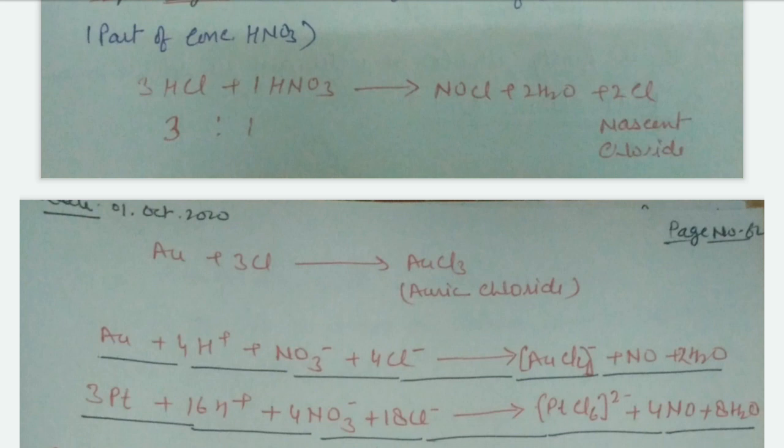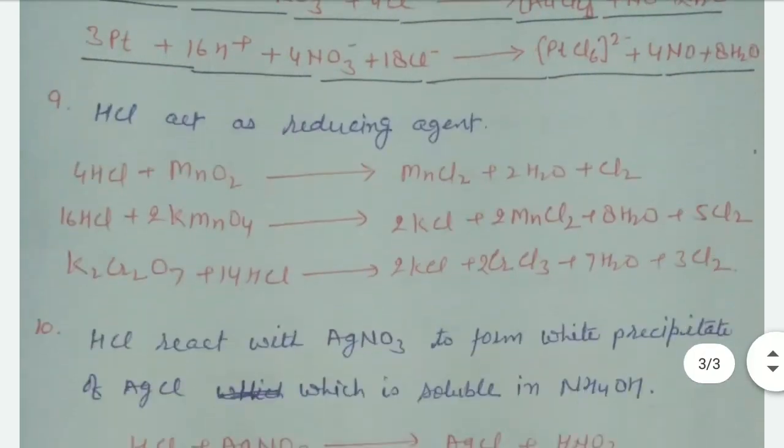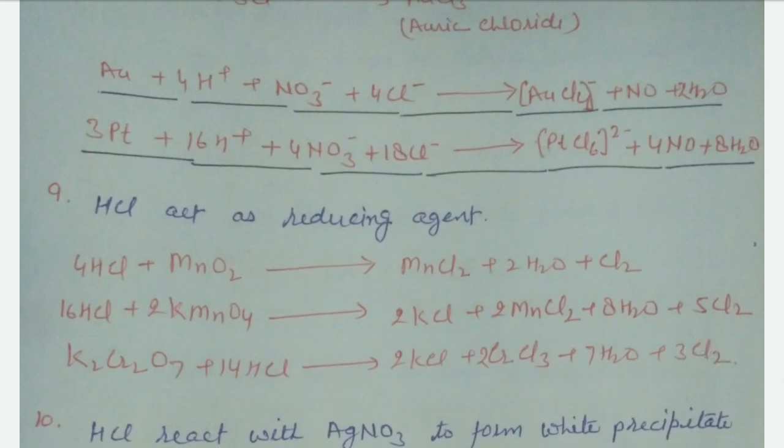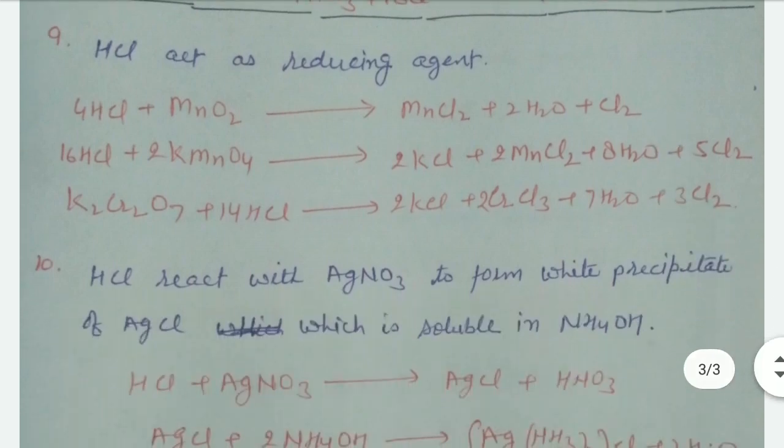In this way, gold dissolves into auric chloride. And they also combine with platinum to dissolve platinum. HCl acts as a reducing agent. It reduces chlorine gas, right? It is simply indicated in these reactions.